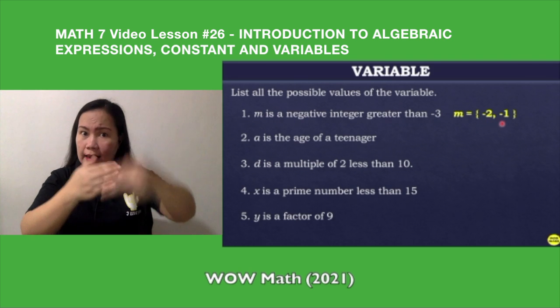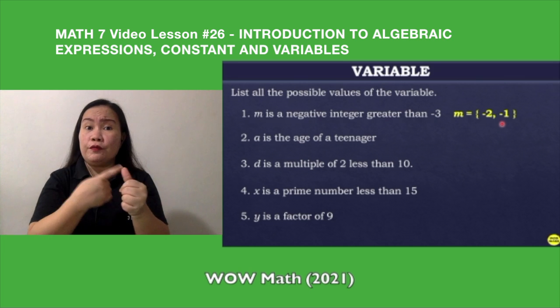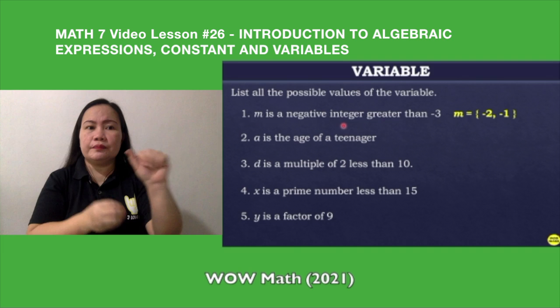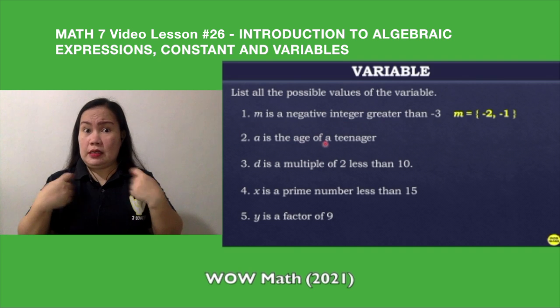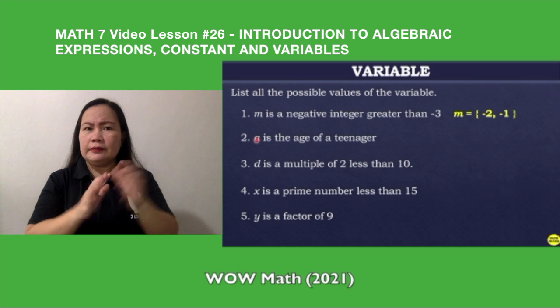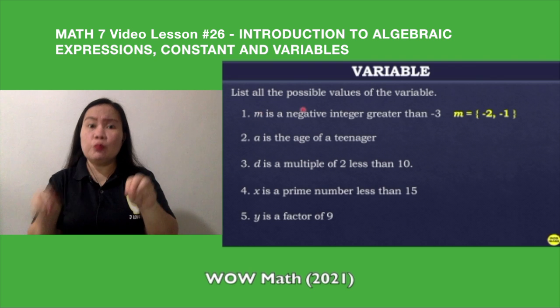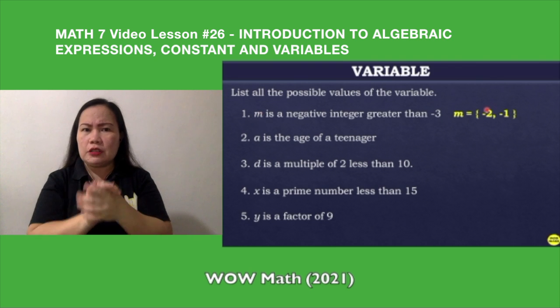Okay? So, itong mga integers na to ay na-discuss ng first quarter. Okay, let's have number 2. So, A is the age of a teenager. So, ano kaya yung mga values nitong variable? Okay? So, kaya siya variable ha, kasi ang daming pwedeng values. Okay? Hindi lang siya isa.